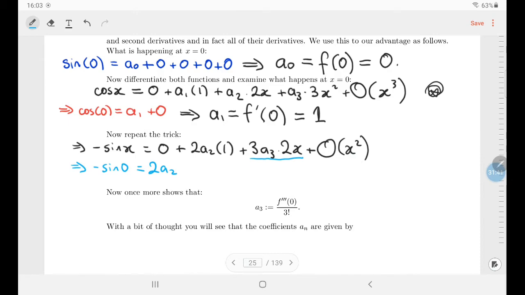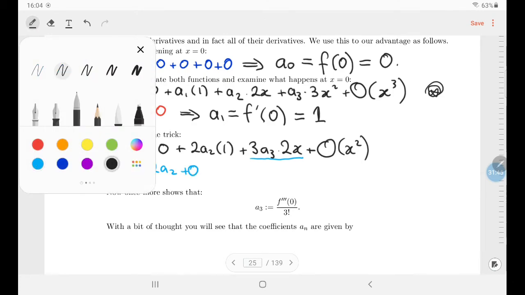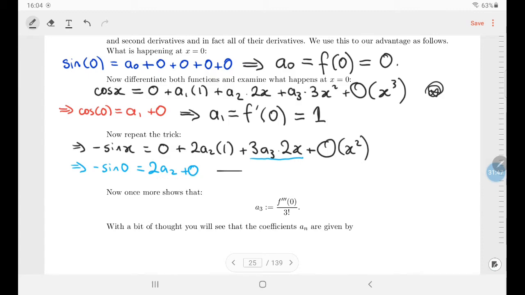Multiply both sides by 2, and we find that a2 is equal to the second derivative evaluated at 0, divided by 2, which in this case is minus sine of 0 over 2, which is 0.